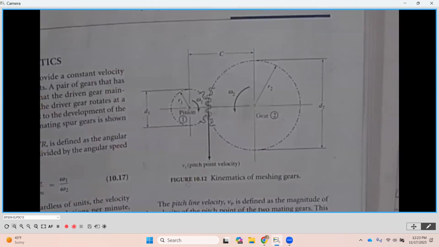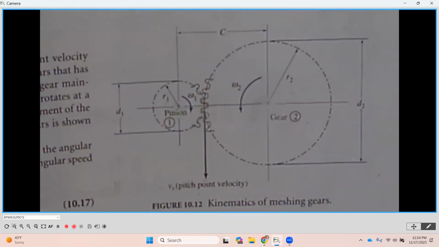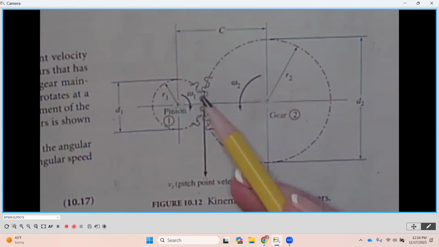Another dimension that we calculate for a gear or a set of gears is what we call the pitch diameter. Okay. Now, I like this illustration because we see some teeth engaged on both sides here.